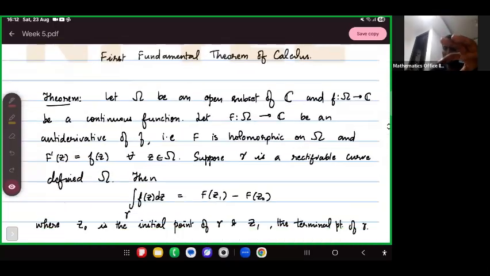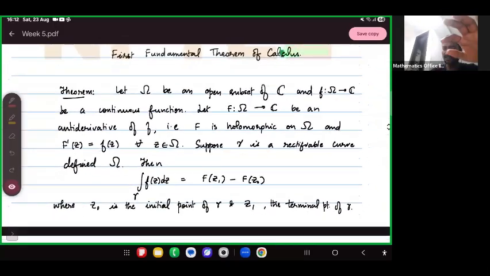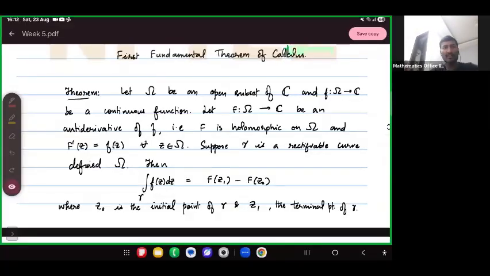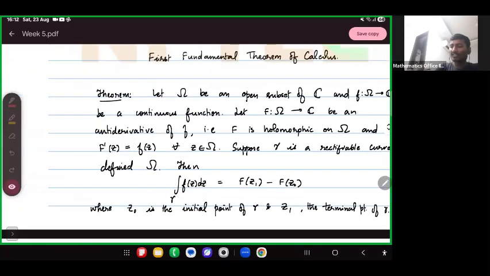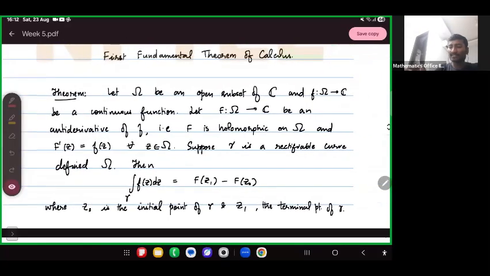Okay, so after this, we have first fundamental theorem and second fundamental theorem. First fundamental theorem says when omega is an open connected subset of C, it is a domain, and f is continuous function on this given domain, and such that it has an antiderivative. Antiderivative means this capital F type function, which are holomorphic, and when you take their derivative, you get f.